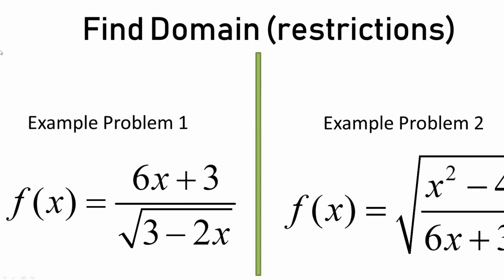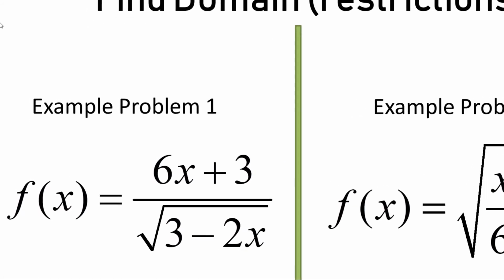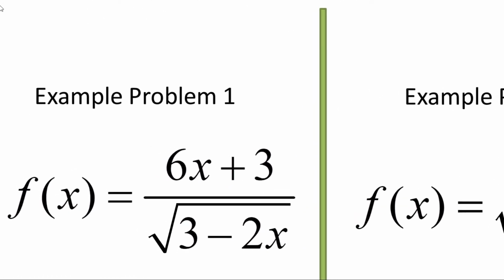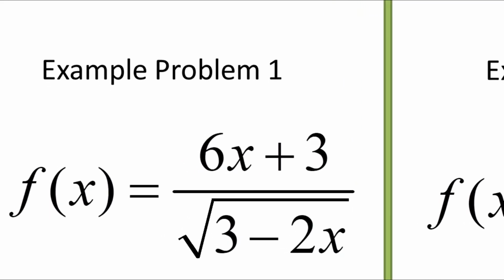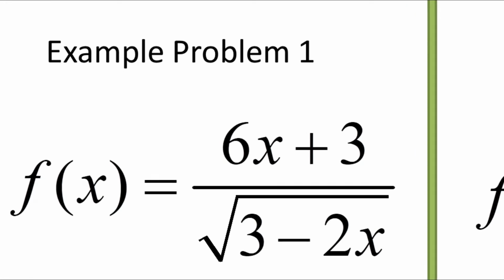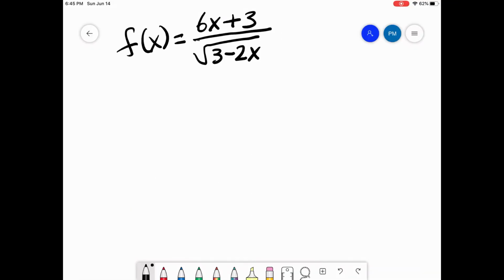So let's look at the first problem here on the left side. On the domain of this function, we've got 6x plus 3 on top and the square root of 3 minus 2x on bottom. Here I have copied onto my whiteboard the function, 6x plus 3 on top, square root of 3 minus 2x.